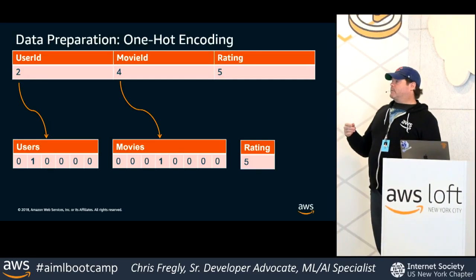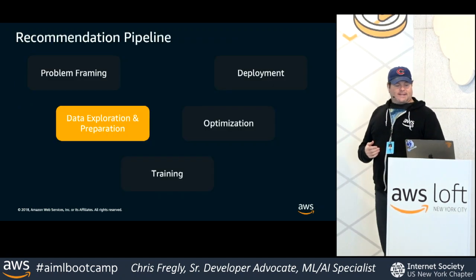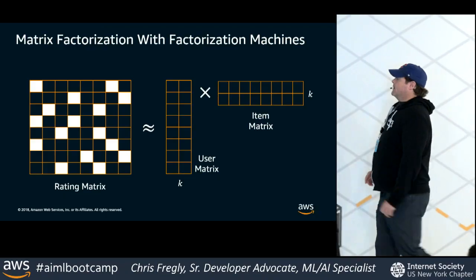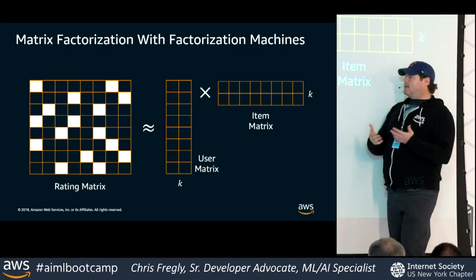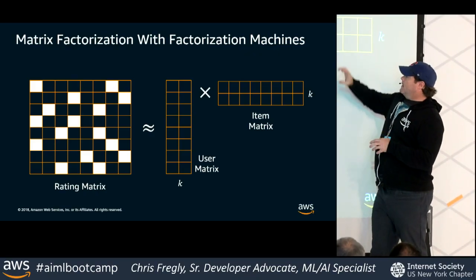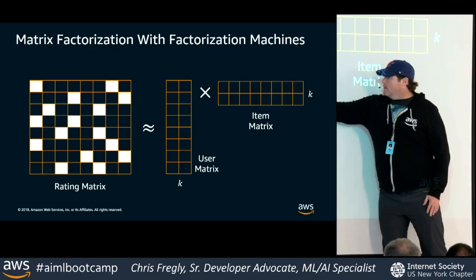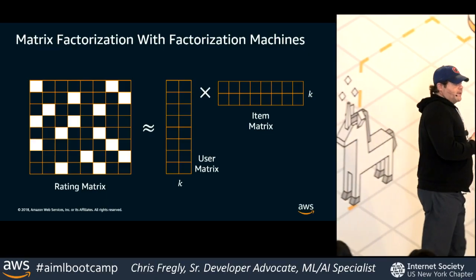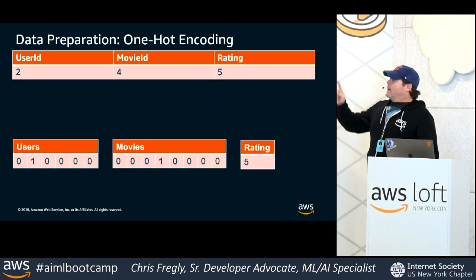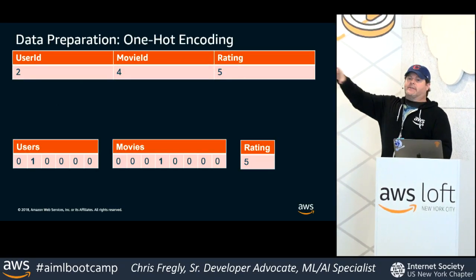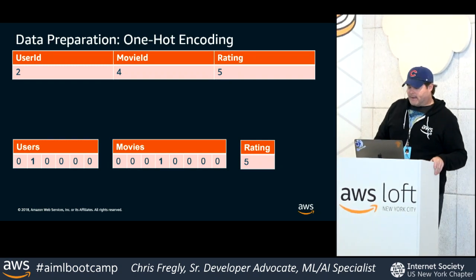This is very important because when you're doing this matrix math and trying to learn the latent features, that's what these values become. Latent means a hidden pattern that you can figure out once you've factored this out. So we don't want to skew and learn something that takes those IDs into account. The way to do that is to normalize between 0 and 1 and then build these one-hot vectors.